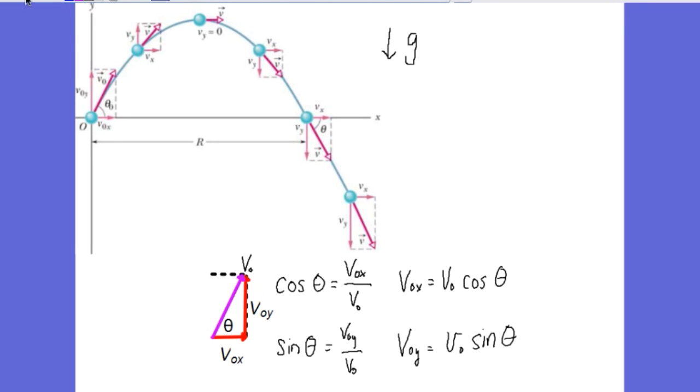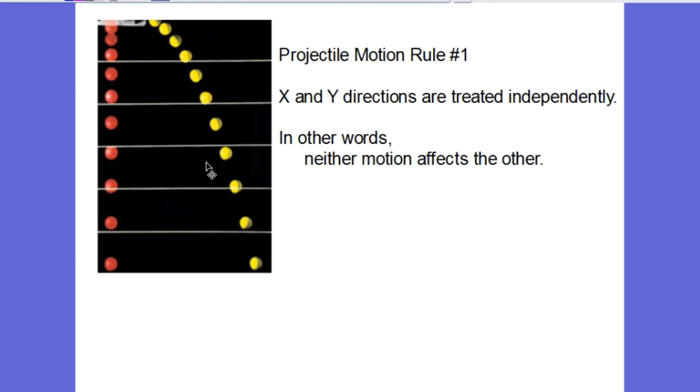In your textbook, there is this picture that is a stroboscopic photo, which means it's taking pictures at intervals of time, and both of these balls are released at the same time, and you can see that 1, 2, 3, 4 pictures later, they're at the same height, and 6 pictures later, they're at the same height, and 8 pictures later they're at the same height, and so on, even though this yellow ball has a velocity in the x and this red ball does not.